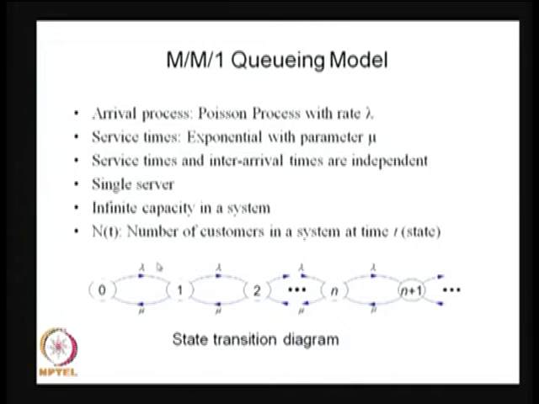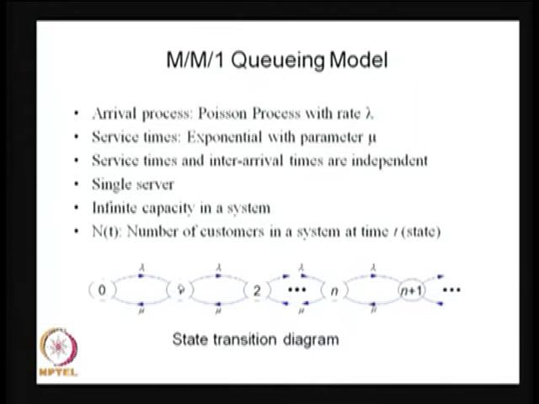Since it is an M/M/1 queuing model, whenever the system is in state 0, by the inter-arrival time, which is exponentially distributed, the number of customers in the system will be incremented by 1. Therefore, that rate will be lambda. For the system moving from state 0 to 1, it spends an exponentially distributed amount of time here before moving into state 1.